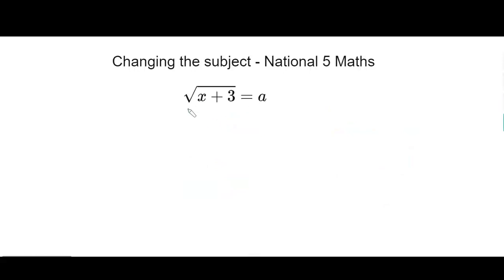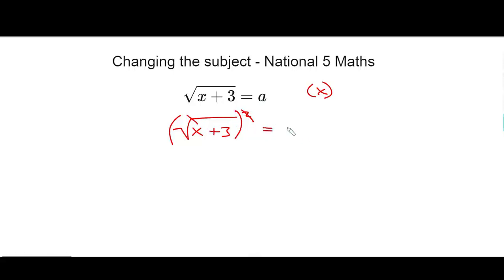Okay, so now we've got a square root here. What we can do here is, if we've got the square root, we're looking for x, remember. We've got the square root of x plus 3. We want to get rid of that square root. So if we square all of this, it'll cancel the root and the square.